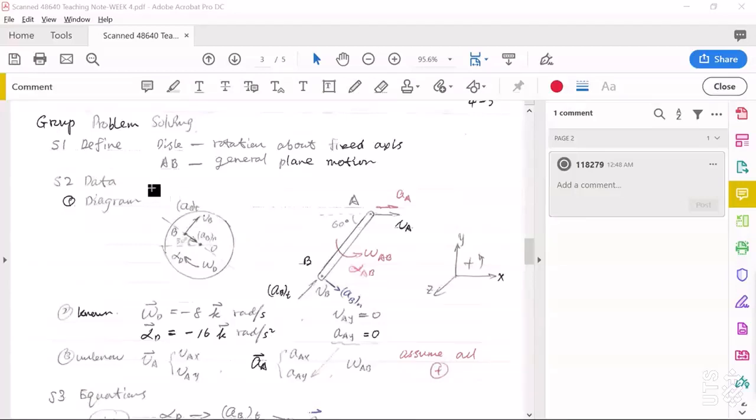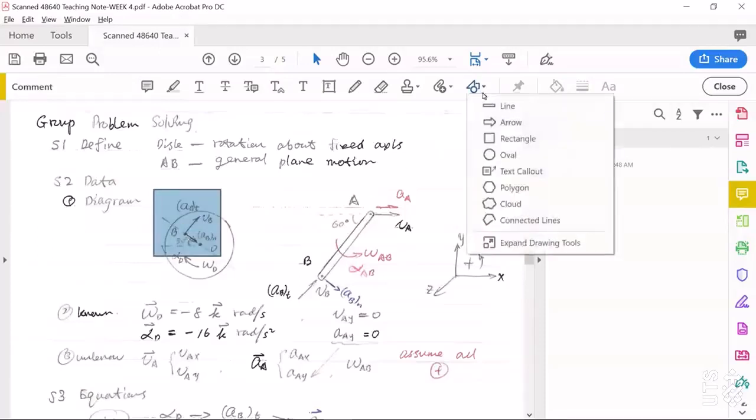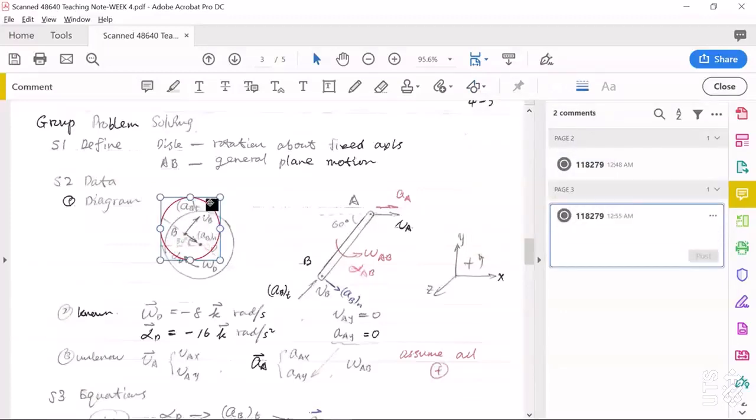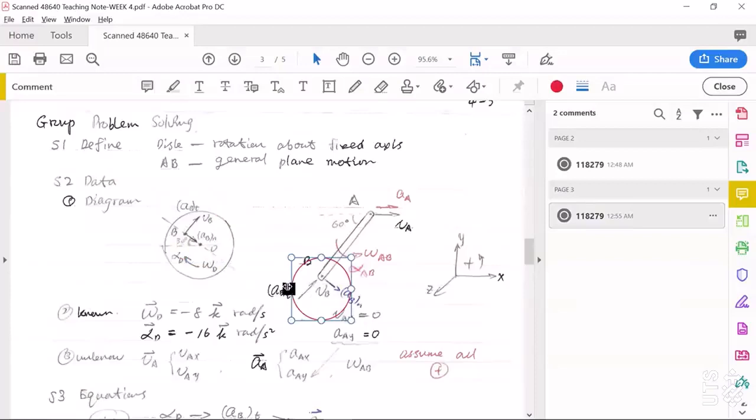Now, we can copy everything from this point B in the disk to the point B in link AB, including the direction of VB, direction of ABT, and the direction of ABN.